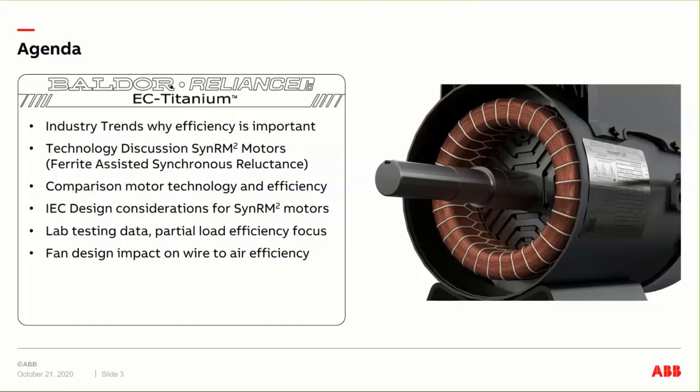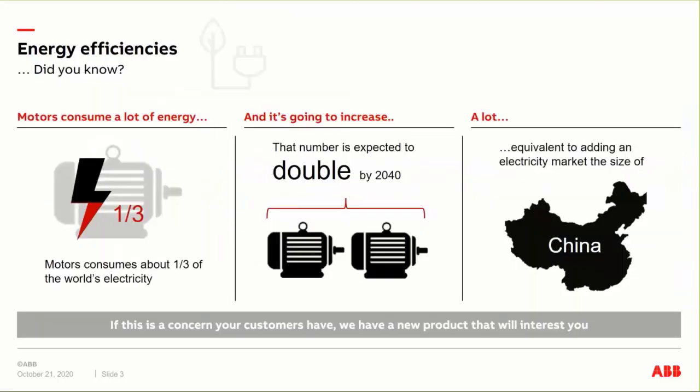And then we'll show actual lab testing data, and then that data actually applied to various fan curves and discuss partial load efficiency. And then go through some of the fan designs and impact on wire-to-air efficiency and design considerations. So without further ado, this will be about a 30 to 35 minute presentation.